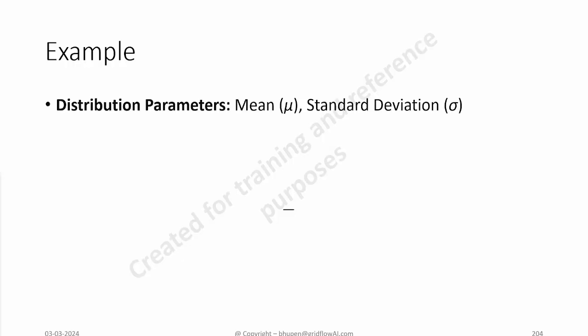So let's take an example here. Let's say we have a column, and the column has a mean and standard deviation as parameters.